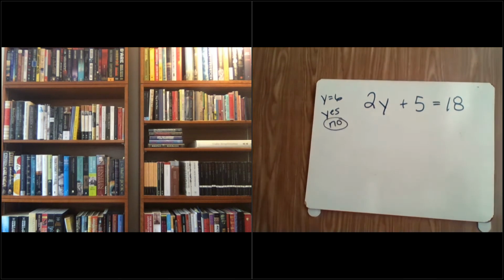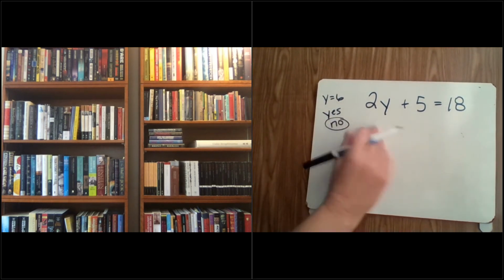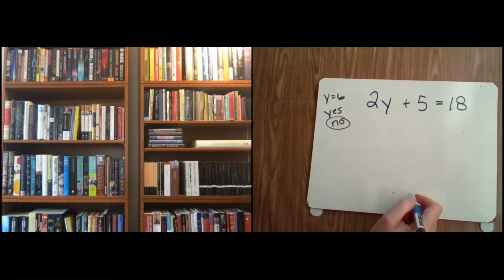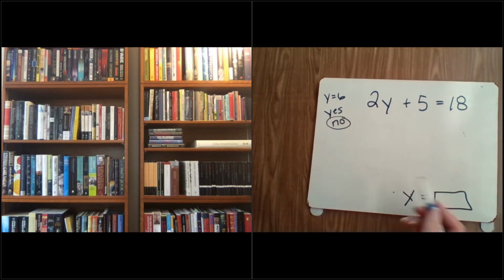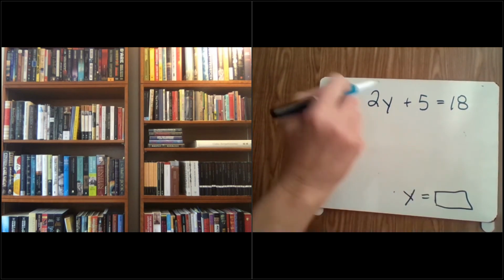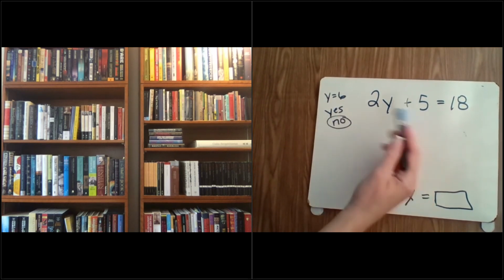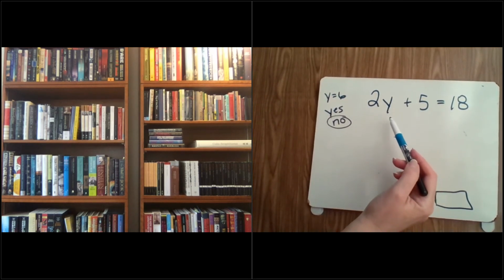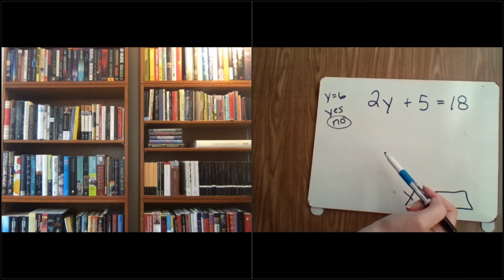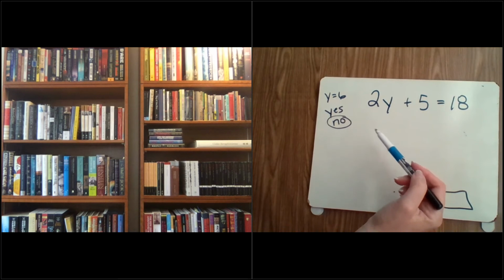In this case, I already have all of my y's on the left side, so I'm going to leave them there. So my plan, I know I'm going to want y equals a value on the right side. So I'm leaving my y's. Now I can say to myself, I've got a lot of stuff over here on the left side of the equal sign. I can only undo or move one thing at a time.